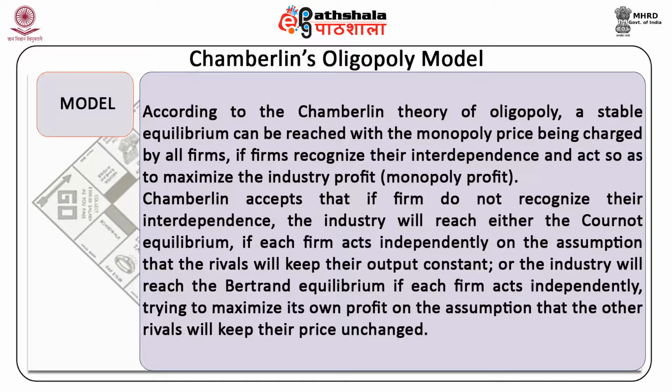Chamberlain accepts that if firms do not recognize their interdependence, the industry will reach either the Cournot equilibrium, if each firm acts independently on the assumption that the rivals will keep their output constant, or the Bertrand equilibrium, if each firm acts independently, trying to maximize its own profit on the assumption that the other rivals will keep their price unchanged.